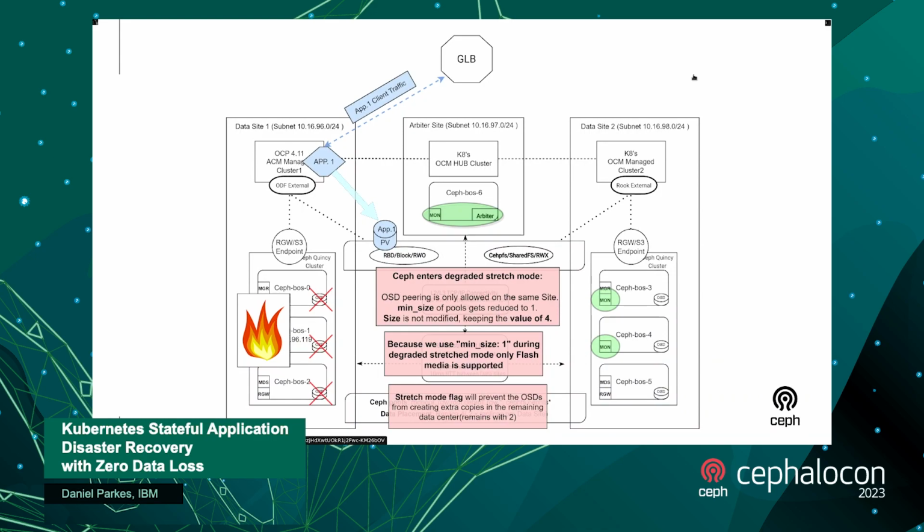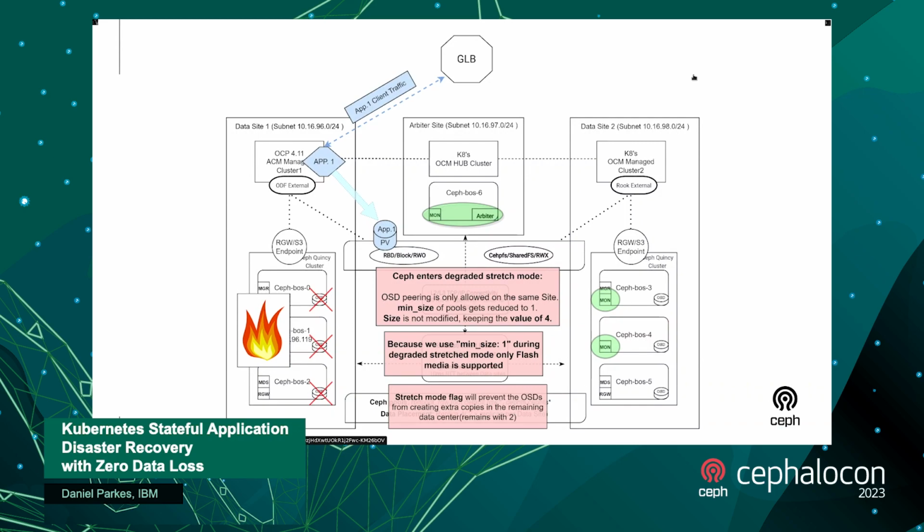When this happens, it goes into what is called degraded stretch mode, meaning that it's going to take certain actions for us. I mentioned before that when we use this solution, we have replica 4. So we are saving 2 copies here and 2 copies here. One of the things that happens when it goes into degraded stretch mode is that the min size is changed from 2 to 1.